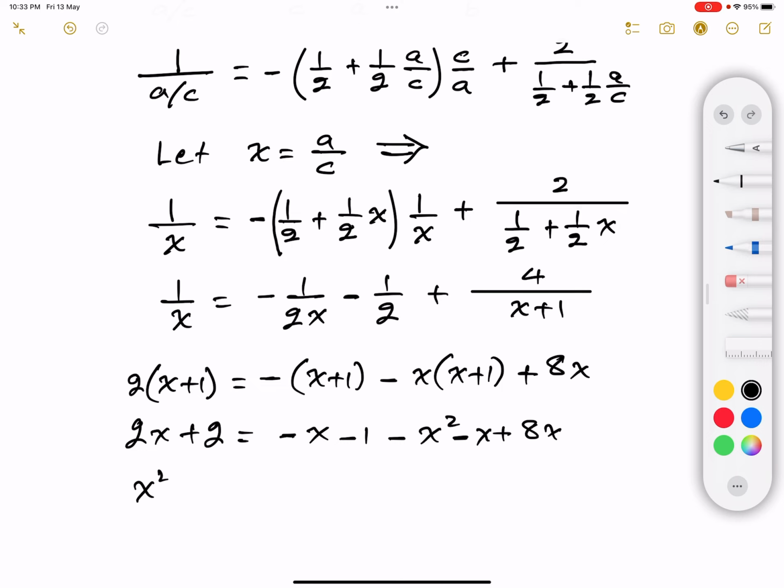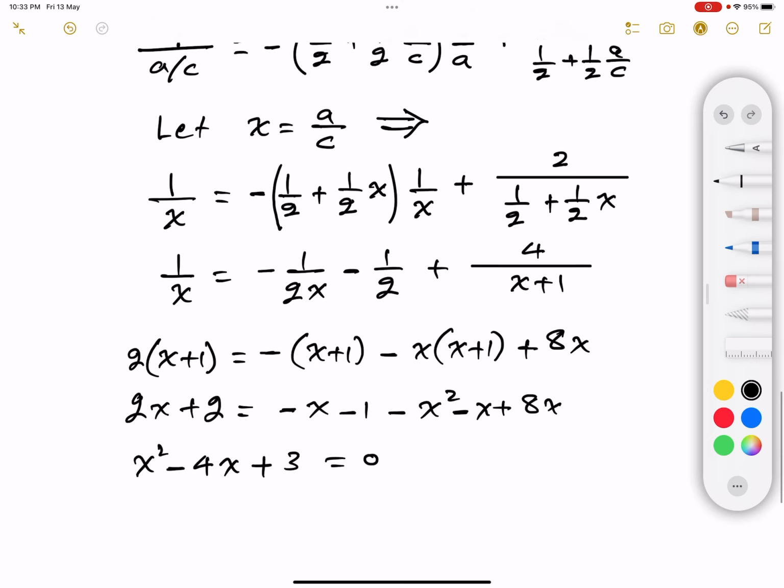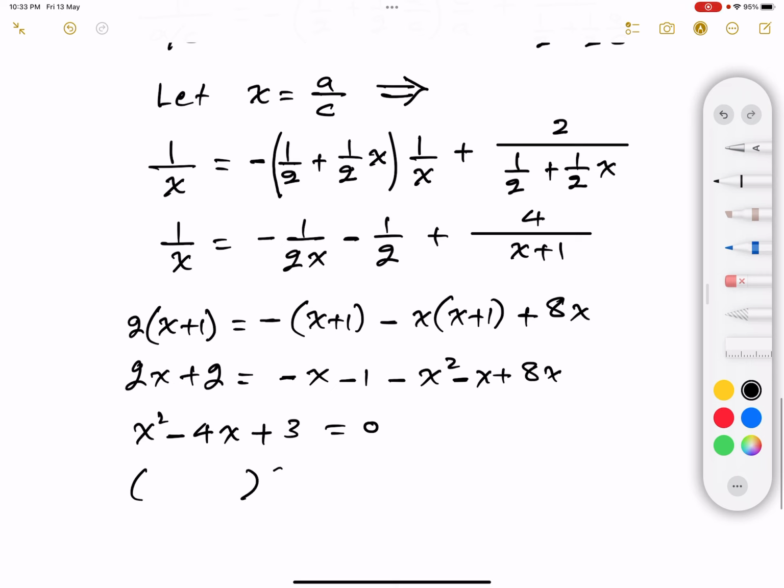If we get it to the other side, that's going to give us minus 6x added to 2x, so that's going to give us minus 4x. And plus 2, and the minus 1 is going to become plus 1, so it's going to become plus 3 equals 0. And if we factorize this, that's going to give us (x - 3)(x - 1) equals 0. So x is going to be equal to either 3 or x is equal to 1.